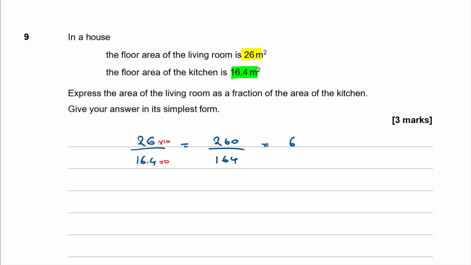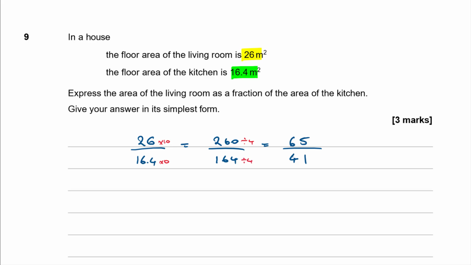So that'd be like 6, and then 4's into 20 go 5. So that'd be like 65 over, and then 4's into 164. Well, 4's into 16 go 4 times, and 4's into 4 go once. So that's 65 over 41. Just dividing top and bottom by 4.